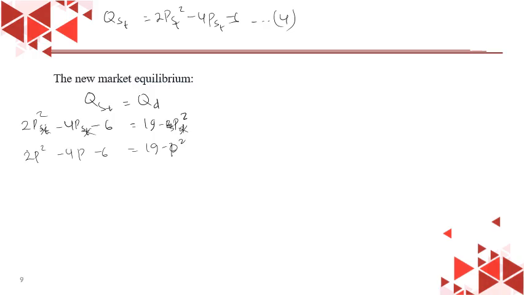So collect all things to the left side. 2p quadrat, this minus p quadrat goes to the left, becomes 3p quadrat, then minus 4p is alone here, and minus 6 minus 19 equal with 0. 3p quadrat minus 4p minus 25 equal with 0.